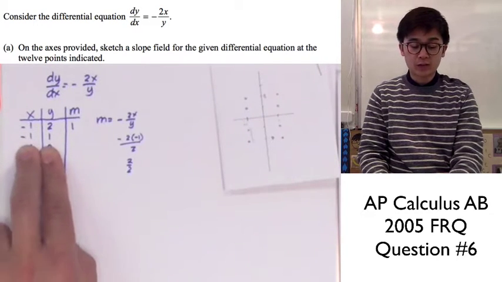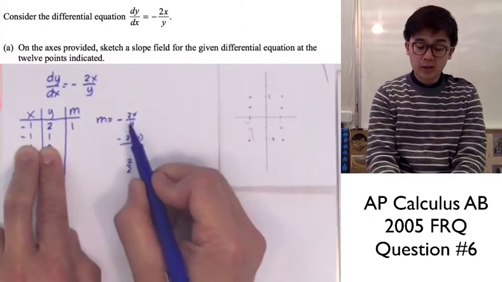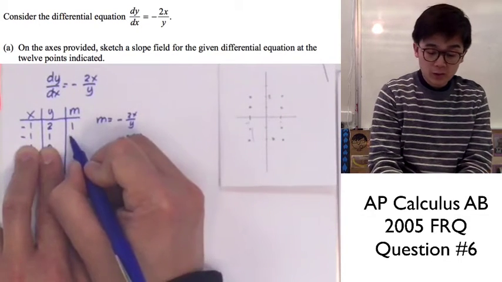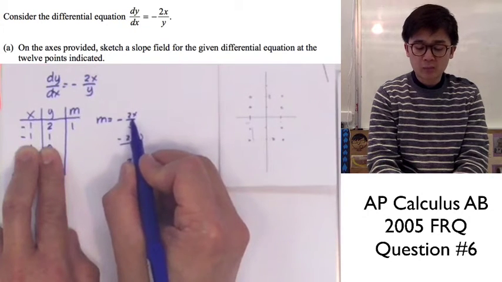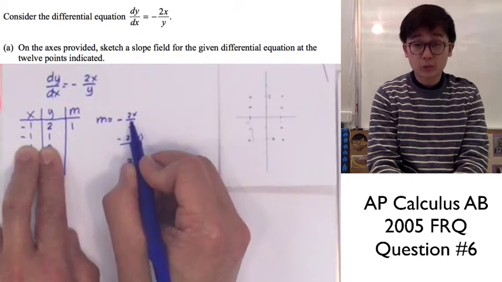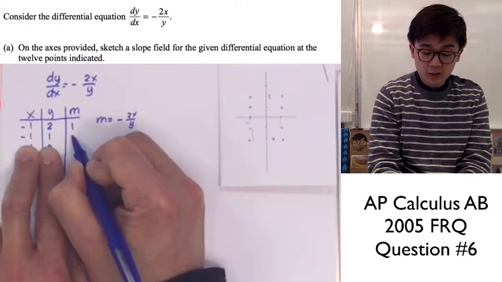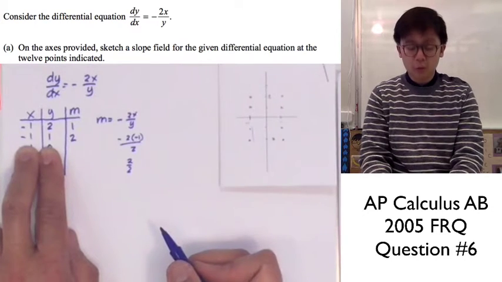And to move on to the next slope at coordinate negative 1, 1, 2 times negative 1 is positive 2 all over 1.